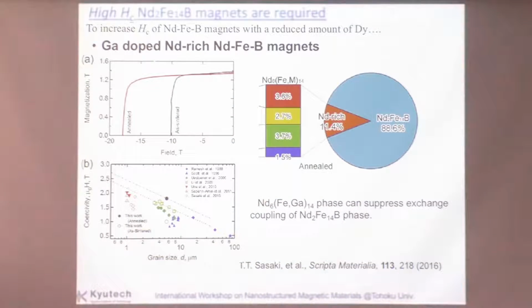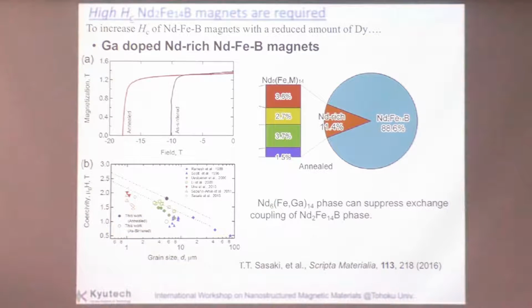In this paper, by this technique, very high coercivity can be realized by using this magnet. And the NIMS group investigated the microstructure of this magnet.